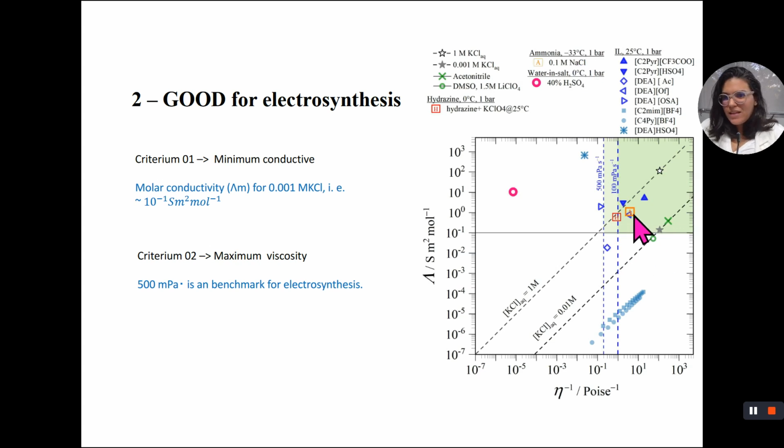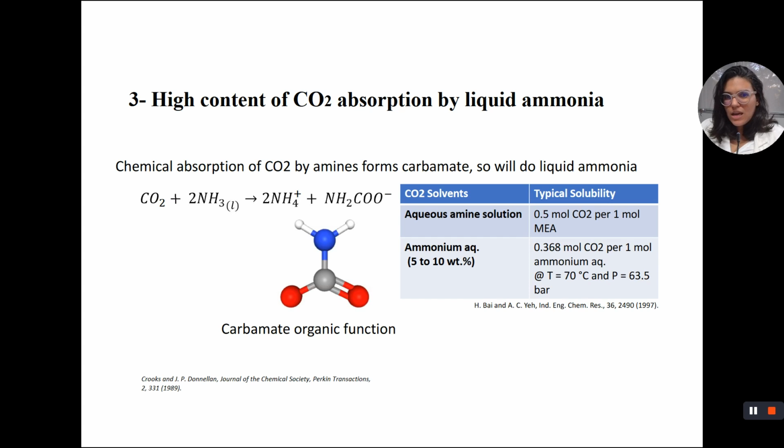I would suggest that ammonia would be a good candidate for carbon dioxide electrocatalysis because liquid ammonia, despite not being tested for absorbing carbon dioxide, we know from basic knowledge that it would certainly absorb a high content of carbon dioxide, because we know from previous work that aqueous amine absorbs half a mole of carbon dioxide per mole of methylethanolamine.